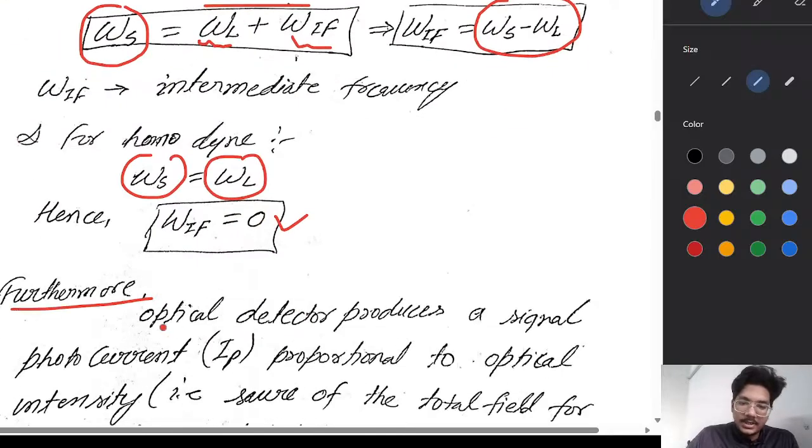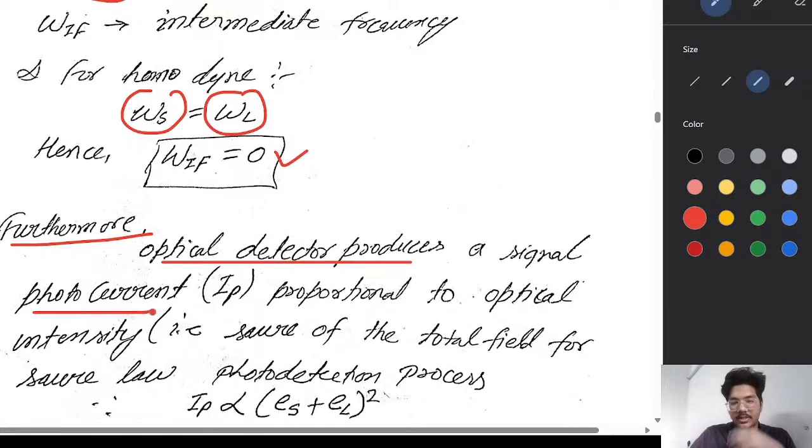Furthermore, the optical detector produces a signal photocurrent IP proportional to the optical intensity, that is, the square of the total field, for the square law.